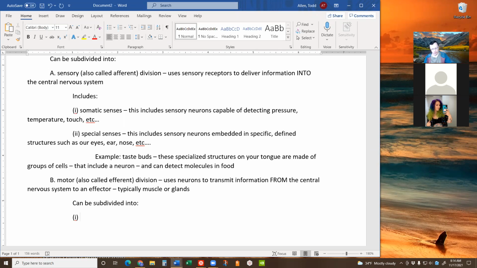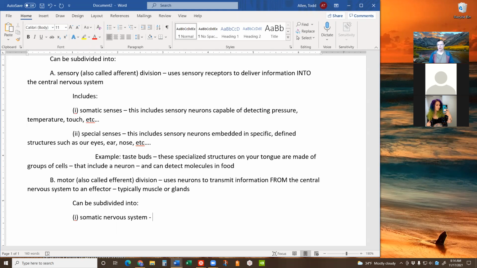All right, so first we have the somatic nervous system. The somatic nervous system is that part of the motor division which specifically sends information to your skeletal muscles, right? So you spend a lot of time learning the skeletal muscles for lab exam 2. We didn't really talk about how those muscles were controlled at that moment of time.